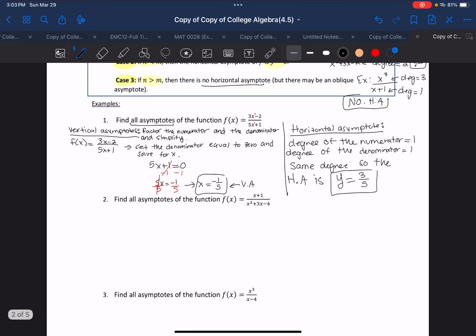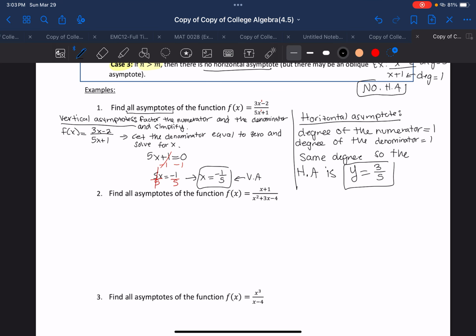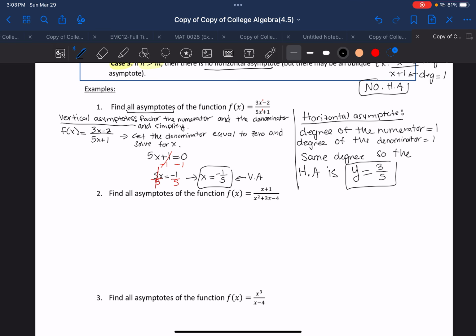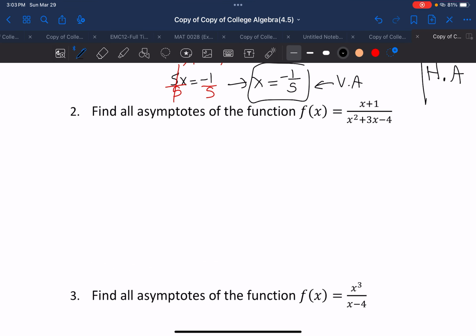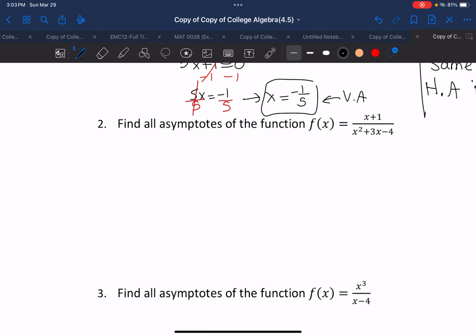Number 2, we are going to find the vertical asymptotes first. So first we will factor the top and the bottom.